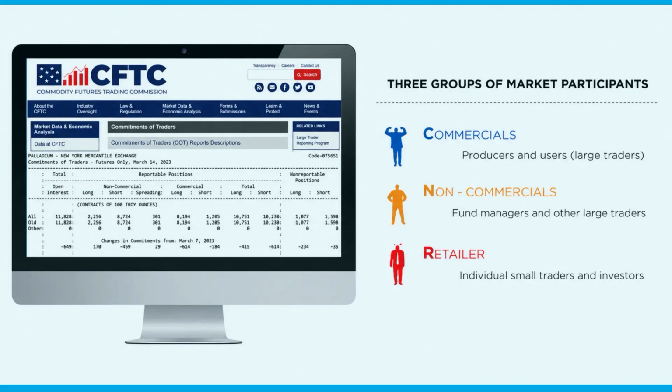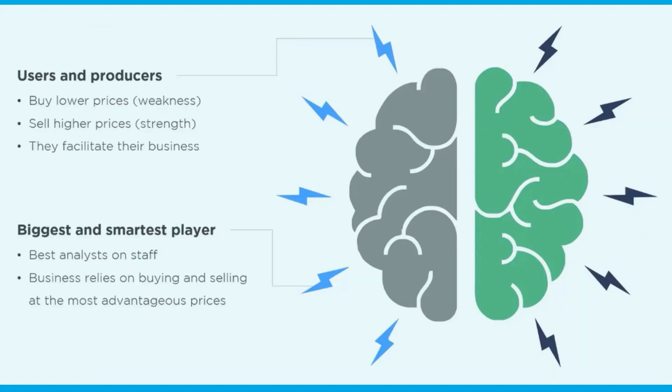To understand price, you must understand who is behind it. There are three main groups in every market: commercials, the producers and users; non-commercials, fund managers and institutions; and retail traders, individual participants. Most traders sit on the retail side, but if you want an edge, you need to think like the biggest players.